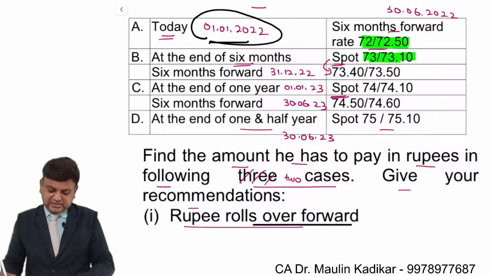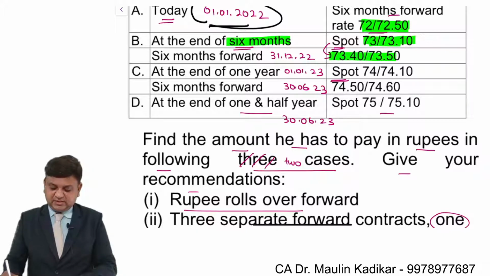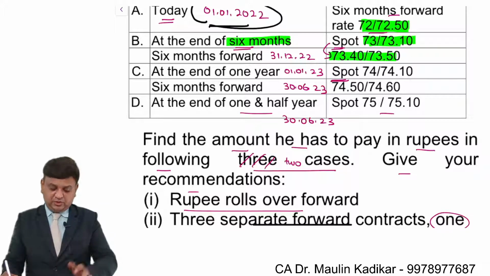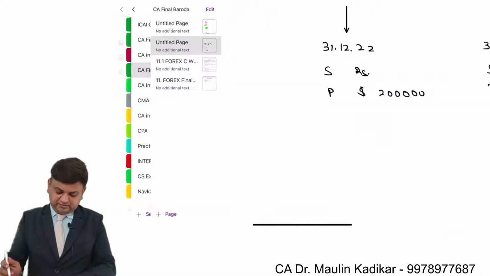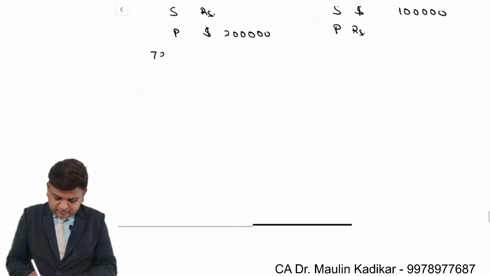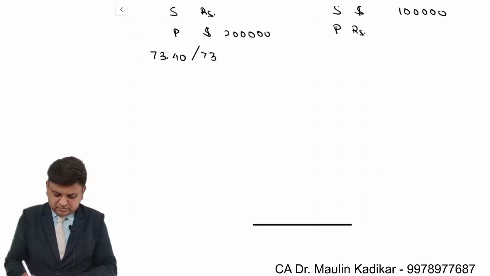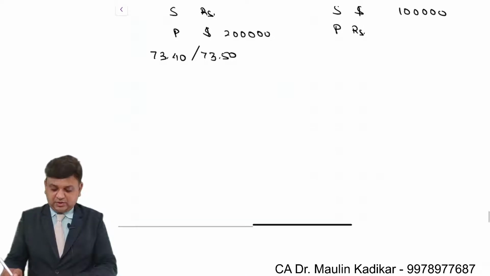Dear students, we understand that at the end of the 6 months, the 6 months forward exchange rate is 73.40/73.50 rupees per dollar.